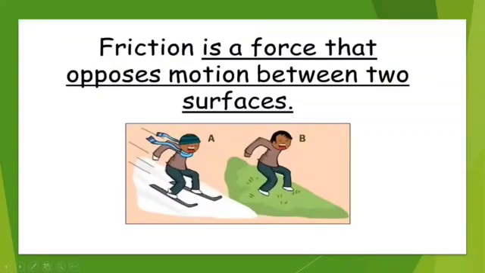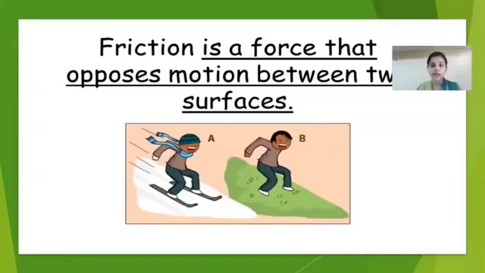So it is easy to move on skis on snow compared to grass, because the possibility to oppose the motion is greater on the grass in comparison to the snow. So the friction is nothing but the force that opposes motion between two surfaces. So the frictional force is the force which opposes the motion of the body which is in contact with another body. This is the frictional force.